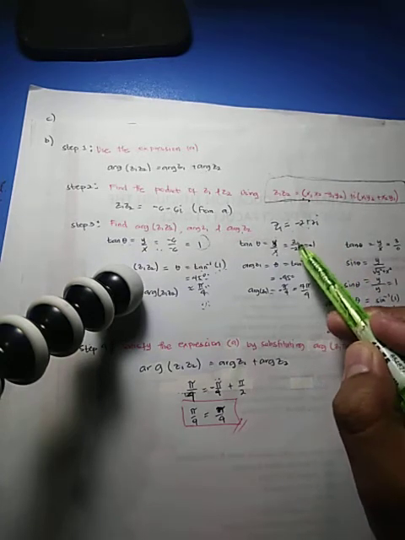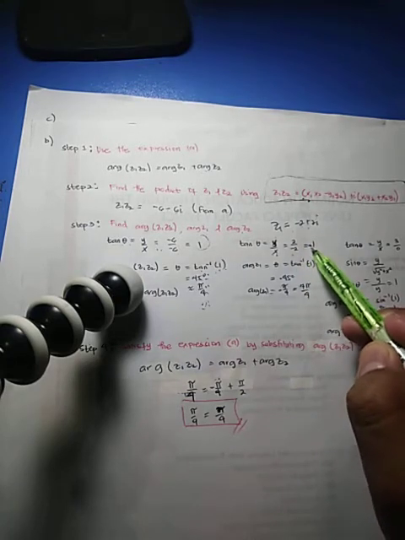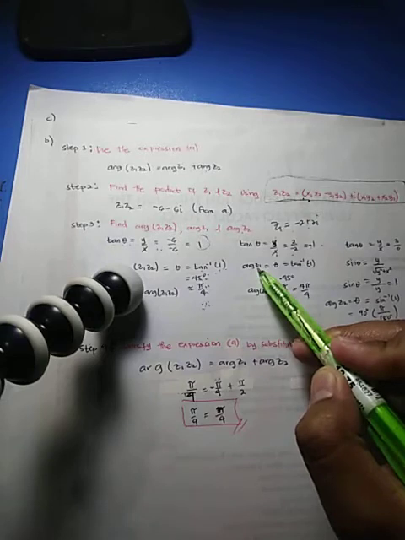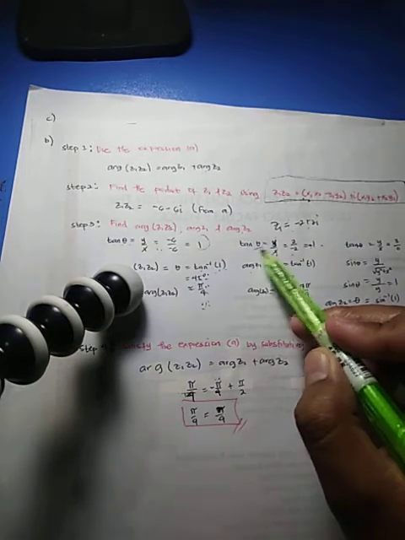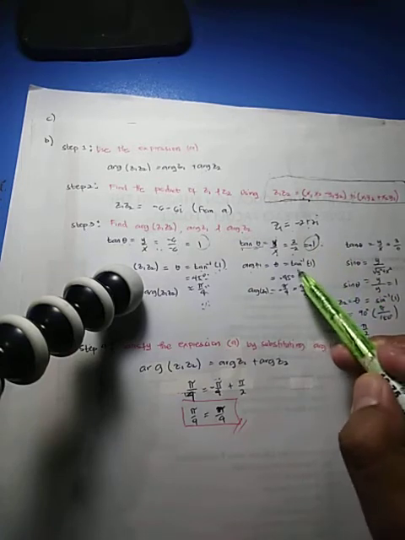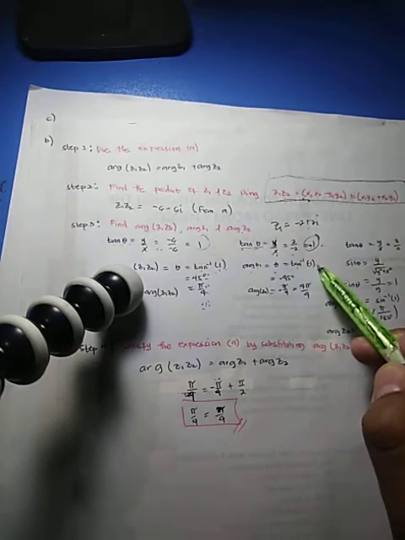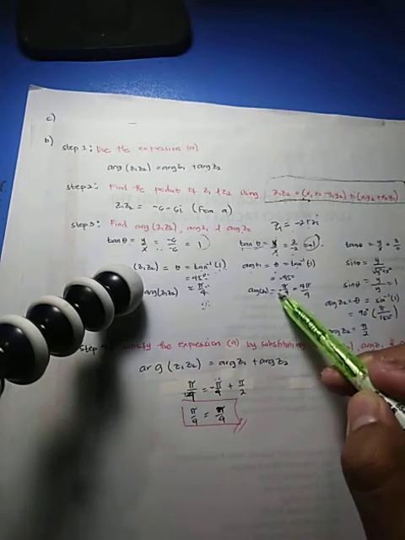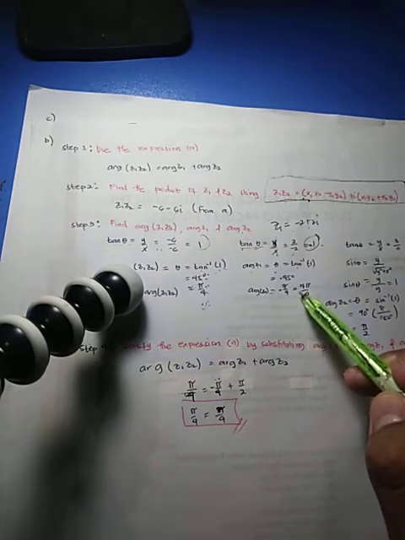So we have 2 over negative 2, which is equal to negative 1. Therefore, the argument of Z1 would be equal to theta, and to find this theta, we take the inverse tangent of negative 1. So theta is equal to tangent inverse of negative 1, which is equal to negative 45 degrees.